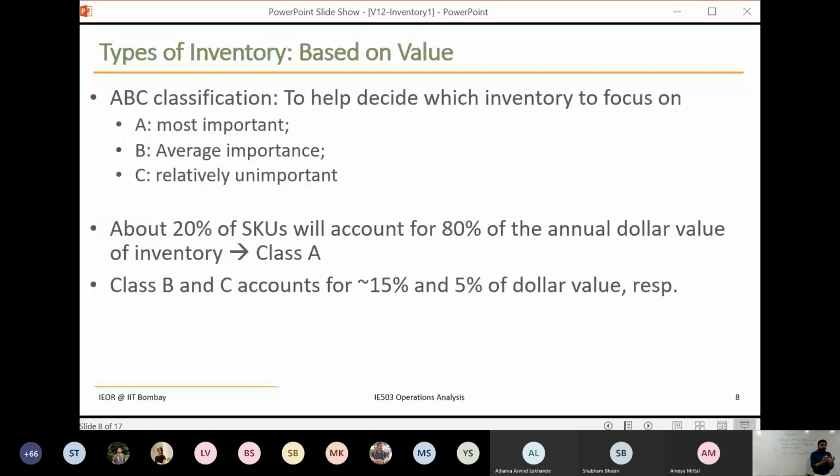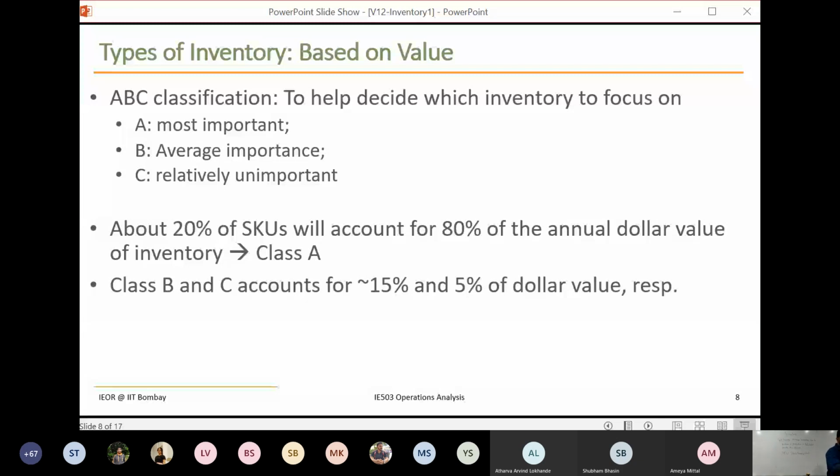Though the inventory is still 20%, 80% of the money value is locked up in it, while the rest of the products contribute less to the bottom line. So each product can have a different inventory management scheme. There is no single policy that every product in a company follows. Different products may have different schemes, and we need to figure out which is best.